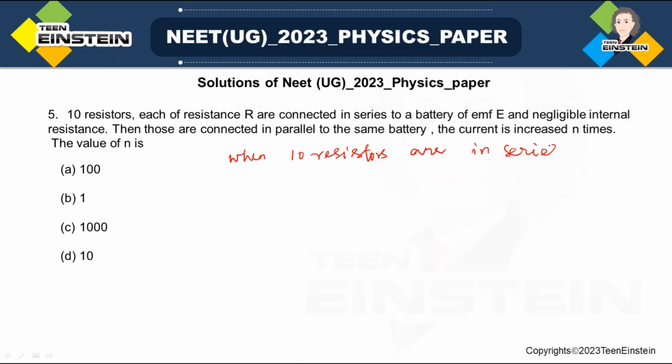Then the total resistance of the circuit will be R plus R plus R, so 10 into R. So what is the current in the circuit? EMF is E and total resistance R total, that is E by 10R.